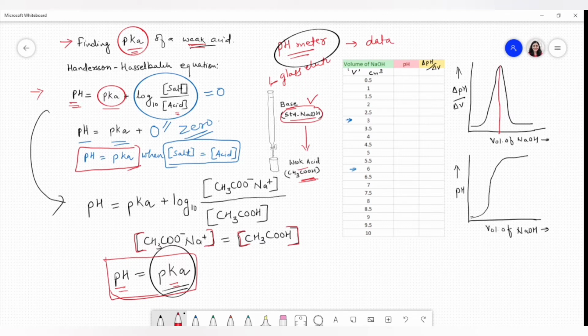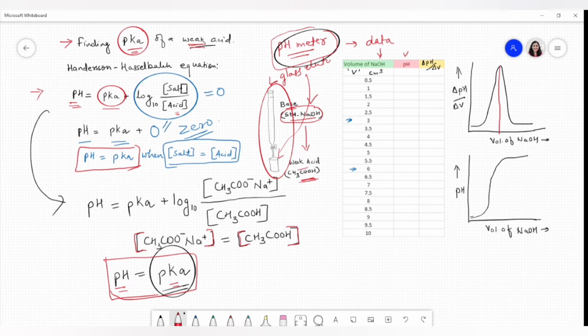Now let's move to the data which we have got from this experiment. We have taken this experiment, and on the basis of the pH meter with the glass electrode, we have calculated the values of the pH. So this is basically the titration data, right?